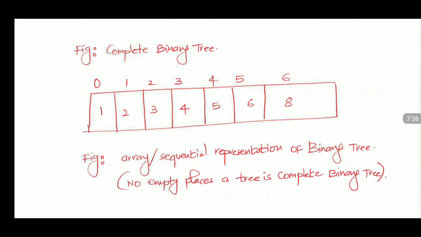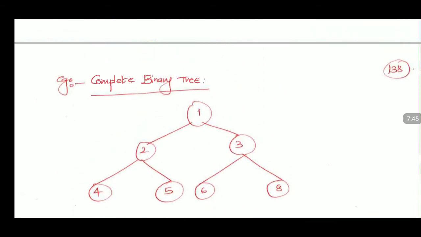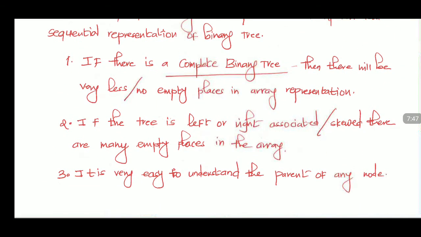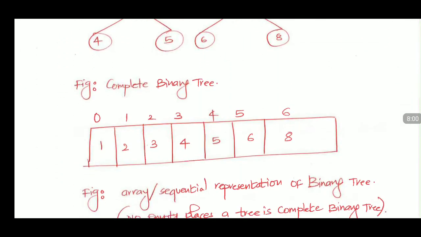It means all the elements are accommodated over here and there are no blank spaces. So whatever we noted earlier holds: if there is a complete binary tree, there will be few or no empty places in the array representation.